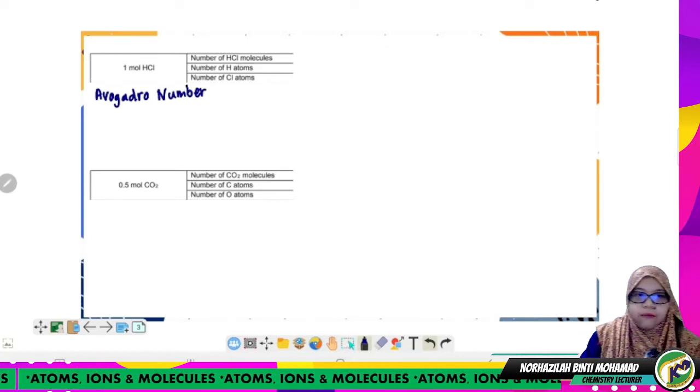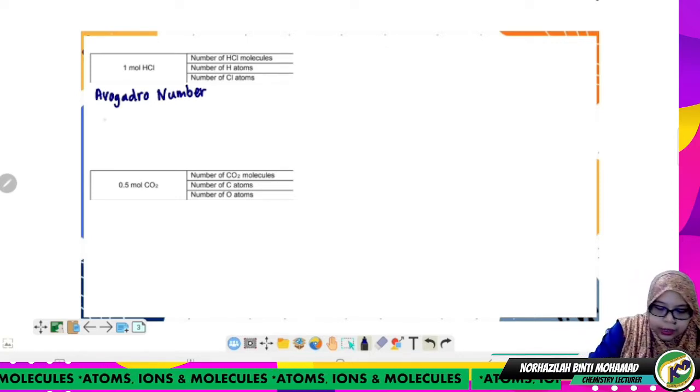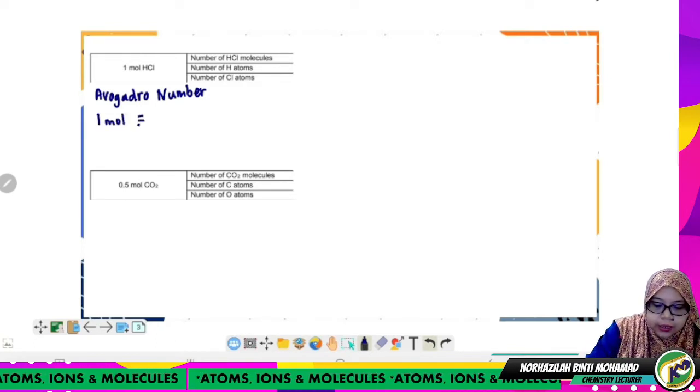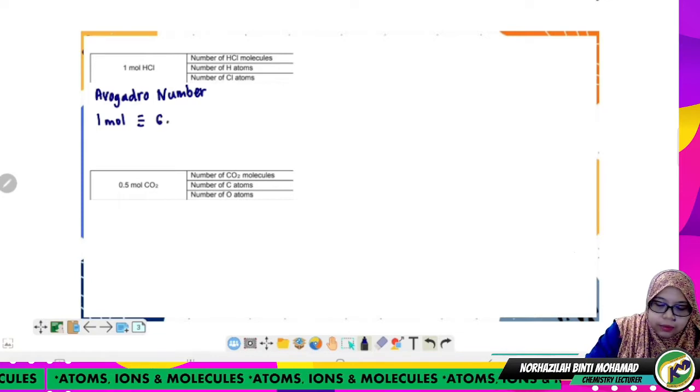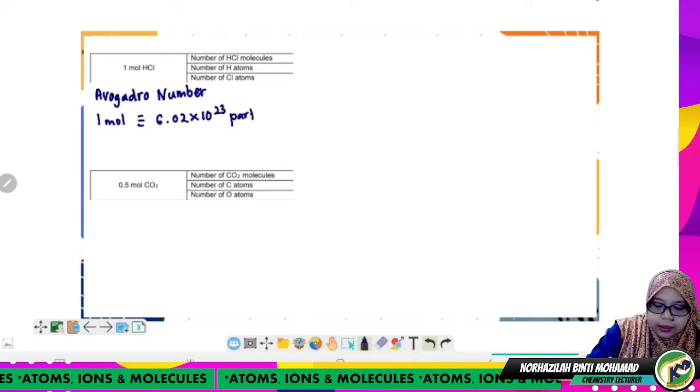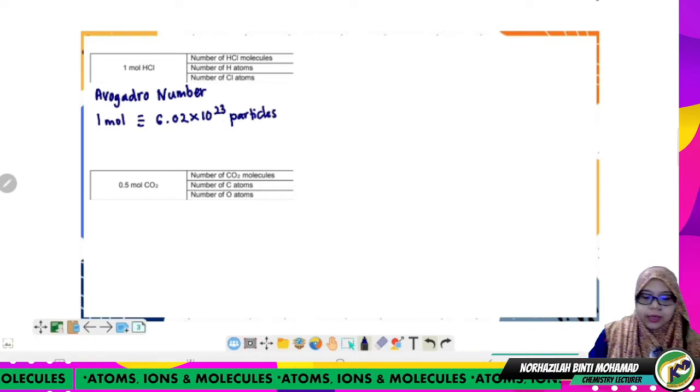So in the Avogadro number, we know that 1 mole of any particles is equal to 6.02 exponent 23 particles.